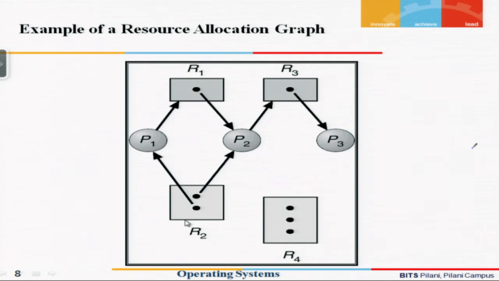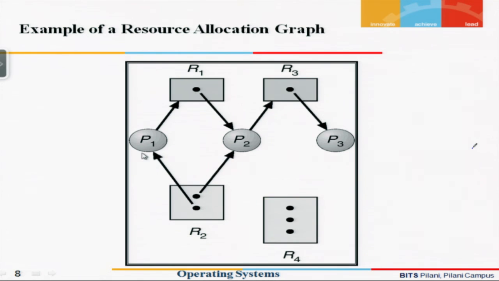There are 2 instances of R2 resources and there are 3 instances of R4 resources. R4 resources have not been requested by any of the processes and have not been allocated. R2 resources have been allocated to different processes. So there is a lot of information one can gather just by looking at a graph.